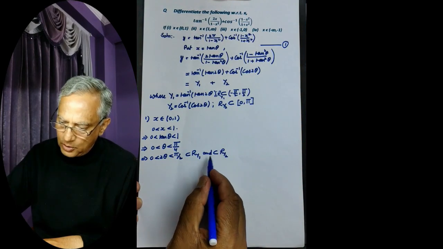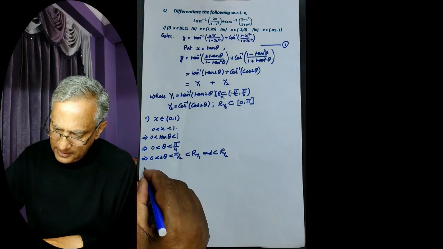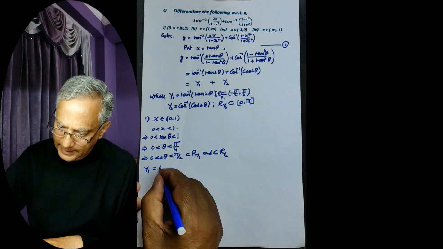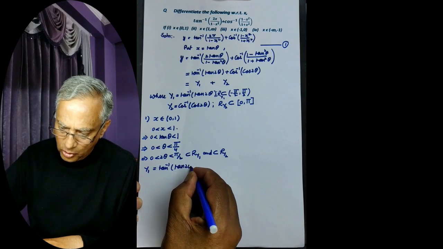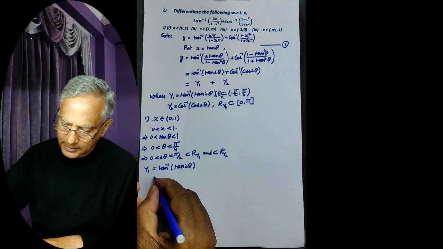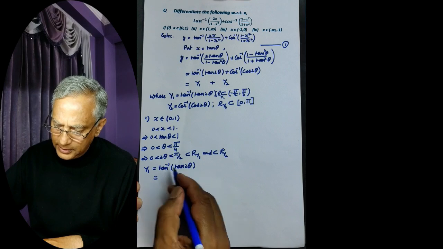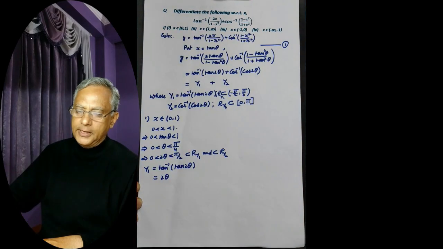So 2 theta is in the range of y1 as well as y2. So we can write y1 is equal to tan inverse tangent of 2 theta, and because 2 theta is in the range of this function, this must be equal to 2 theta.